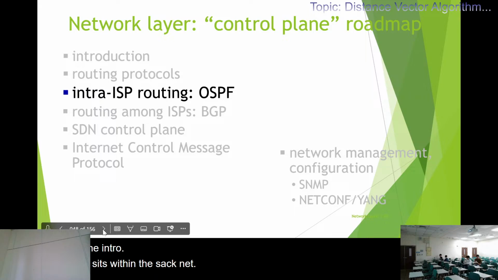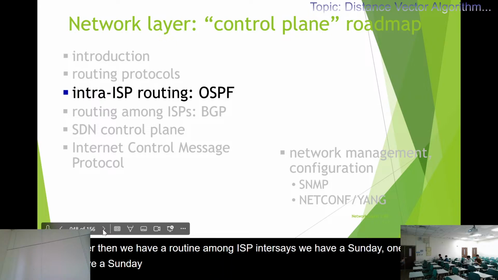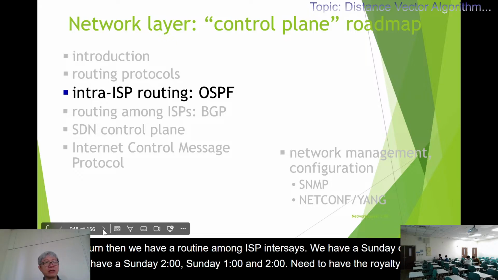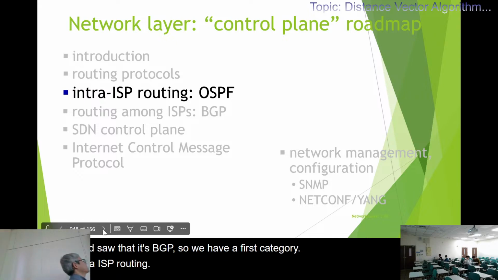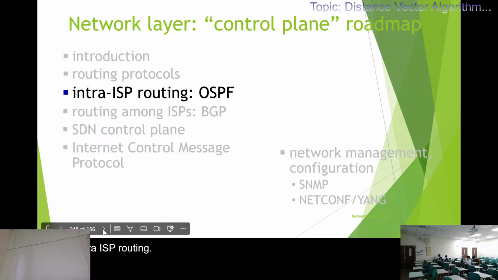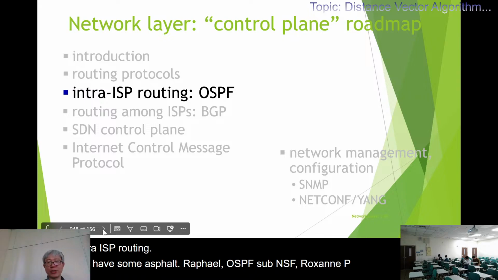Inter means routing among ISPs. For example, we have subnet 1 and subnet 2, and they need routing between them, and that is BGP. So the first category is intra-ISP routing, with OSPF as a representative. And routing among ISPs is BGP, the representative of the other category.